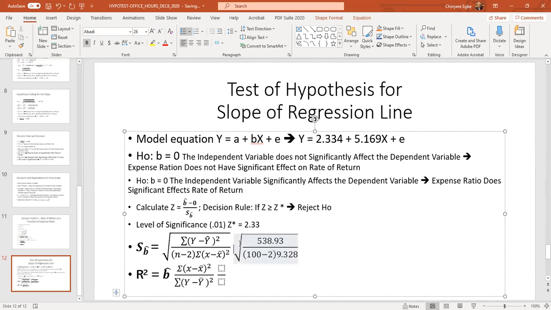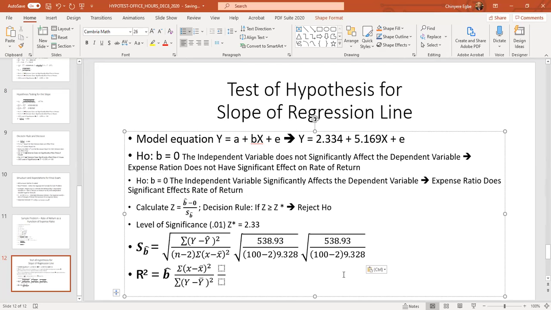What we have will be the square root. Can somebody get me the answer to that problem? What is the square root of this? 538 over what? Give me the answer, guys.